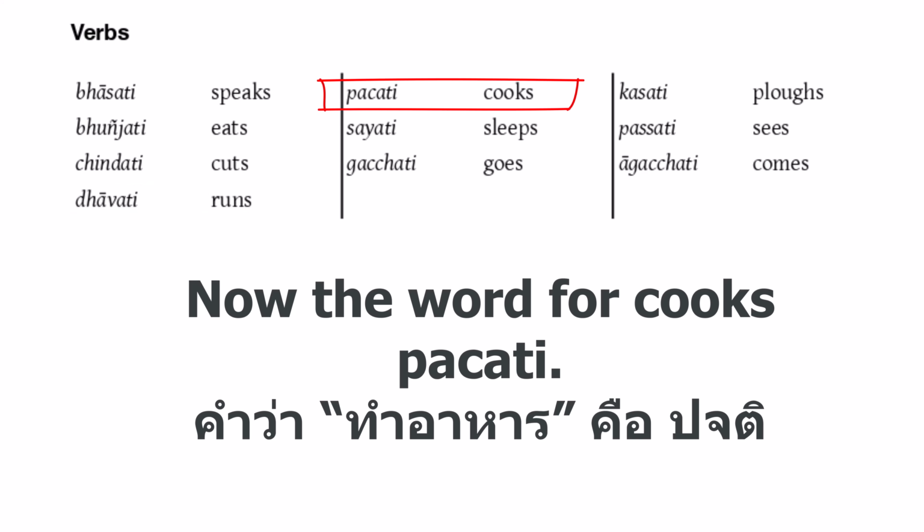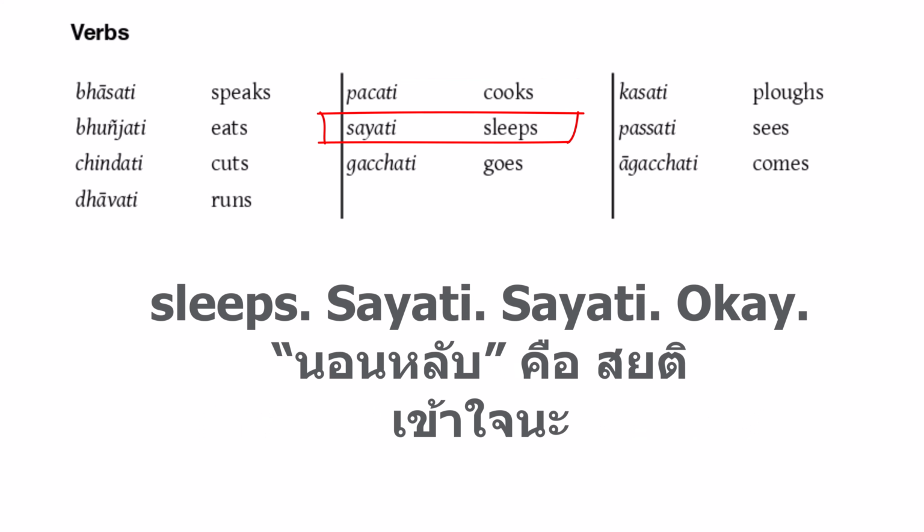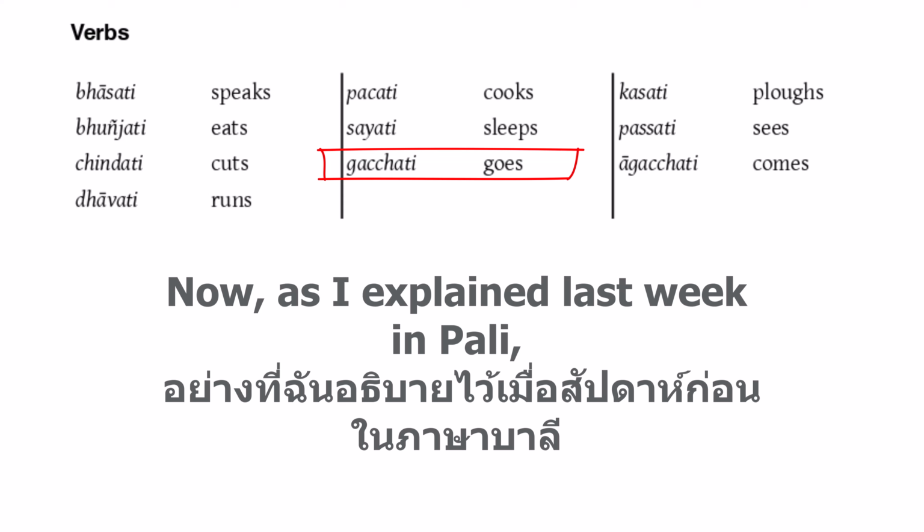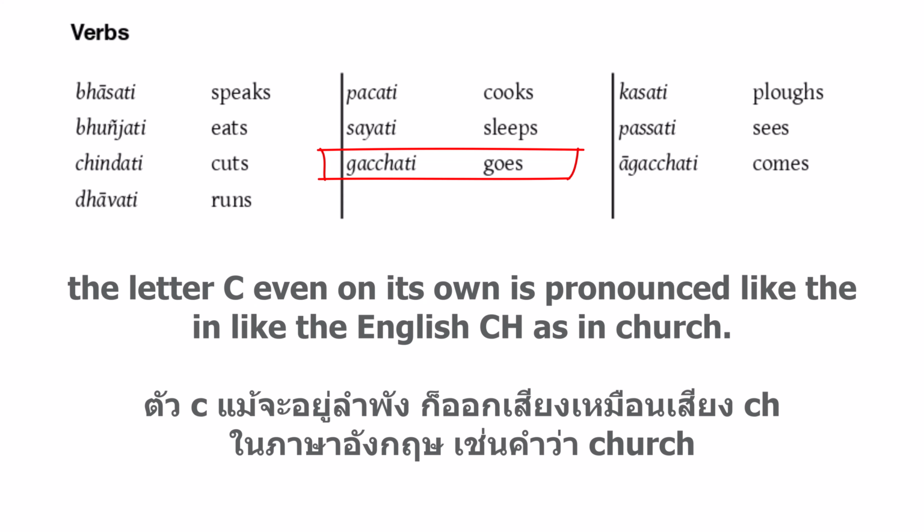Okay, now the word for cooks. Pachati. Sleeps. Sayati. Now the word for goes. Gachati. As I explained last week, in Pali, the letter C, even on its own, is pronounced like the English CH, as in church.